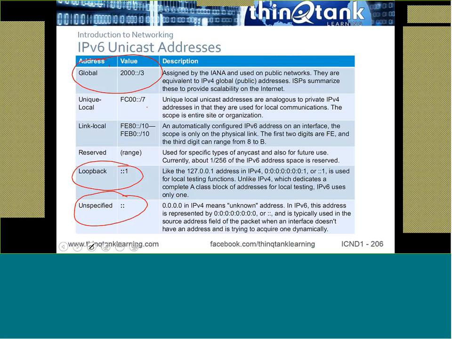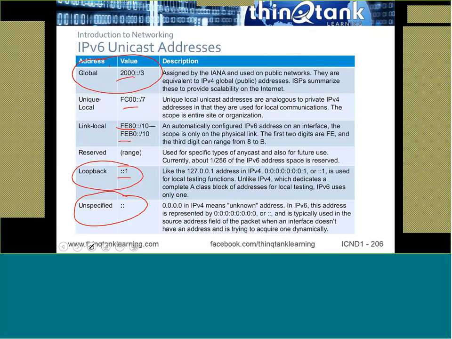If you go back and look at the chart here, there's 2000, there's FC00, FEB0, FE80, there's ::1, that's a special type of address. But every single block of IPv6 addresses is assigned from 0000 to FFFF. You can't have anything larger than FFFF because you only have 16 bits.